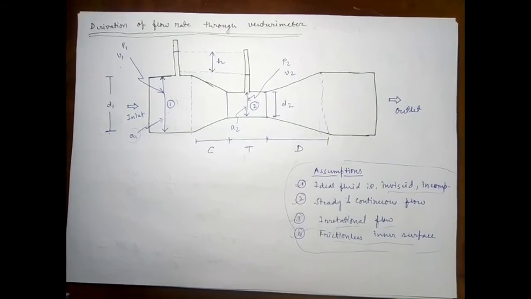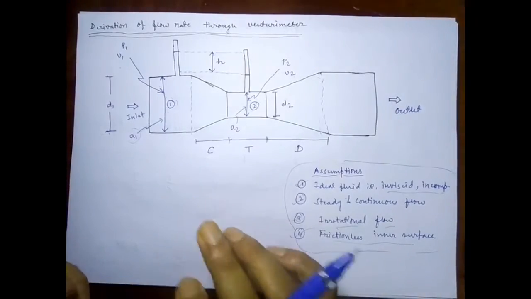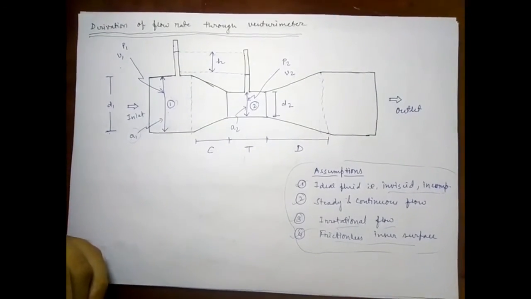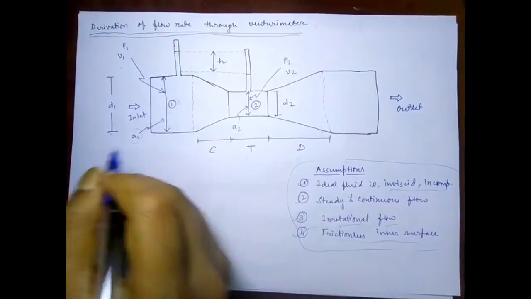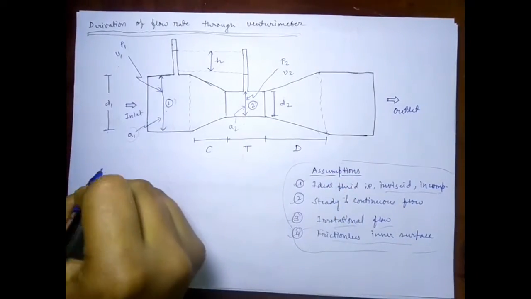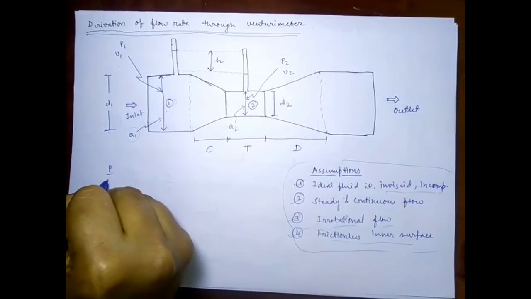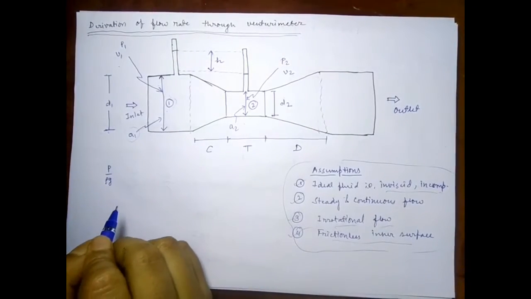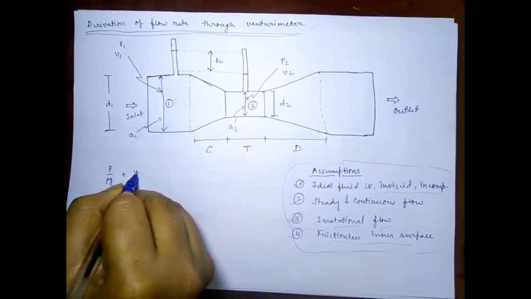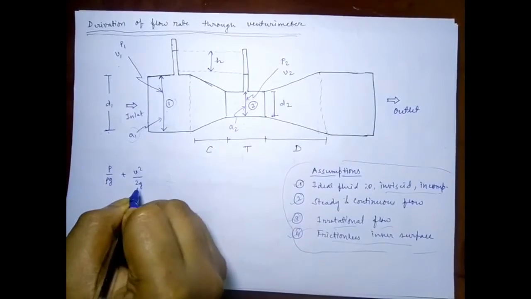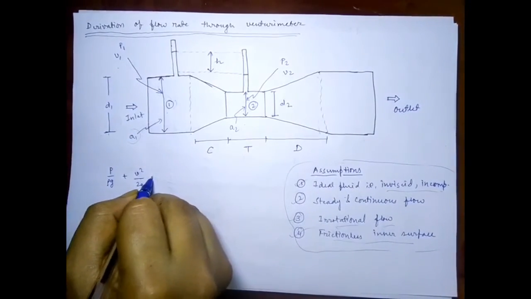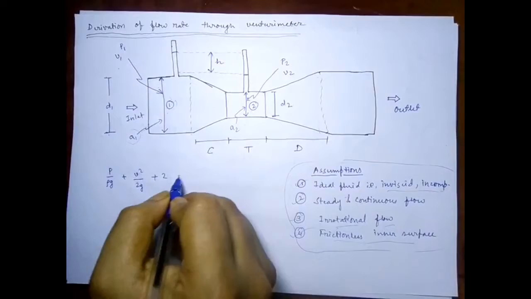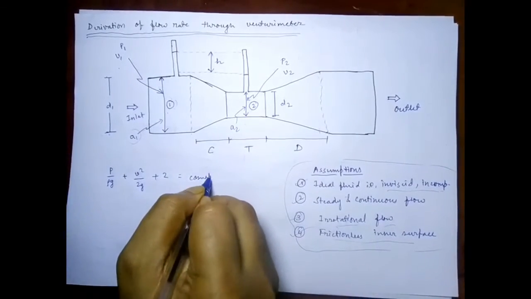Now let's apply Bernoulli's equation in both the sections. See, Bernoulli's equation is, let's write gamma as rho g, P upon rho g plus V square upon 2g plus Z is equal to some constant.